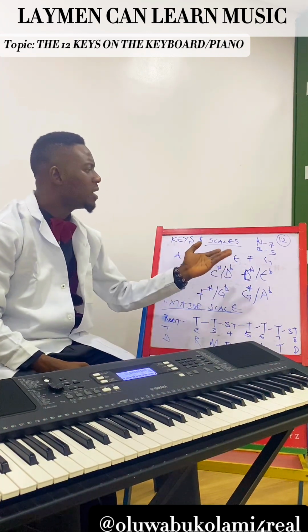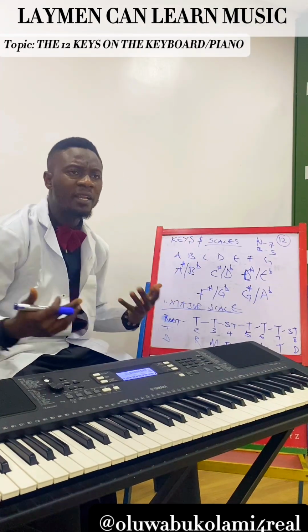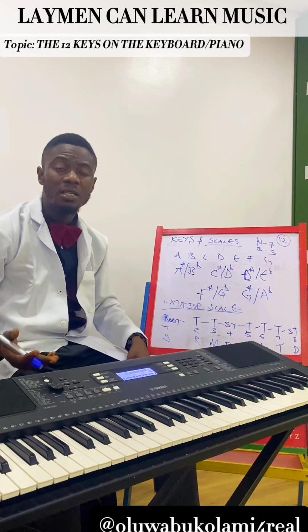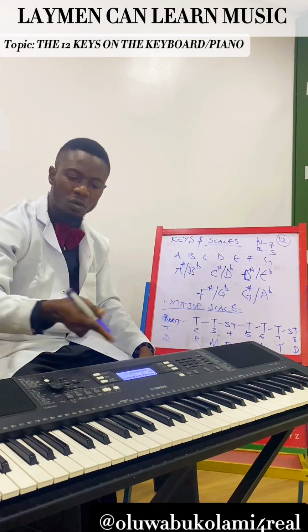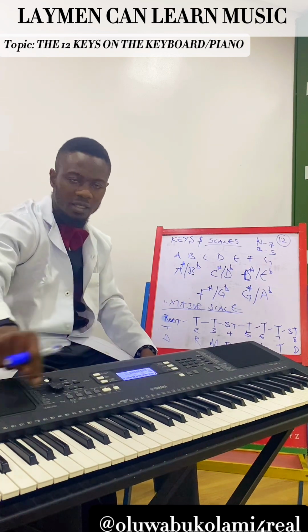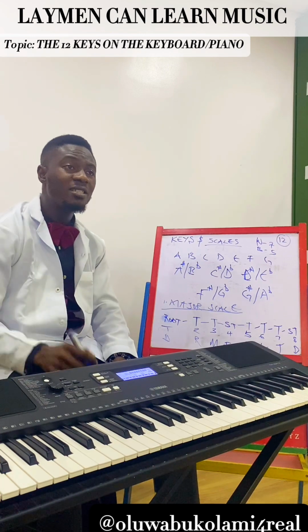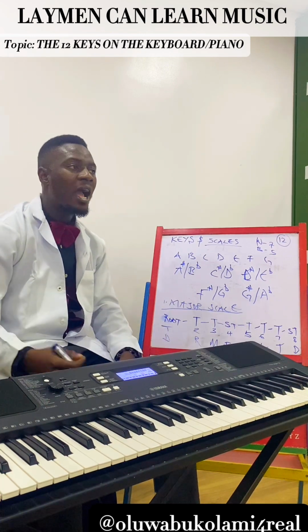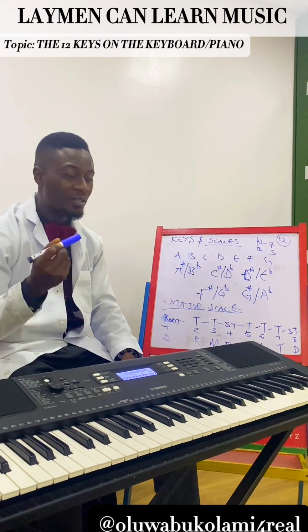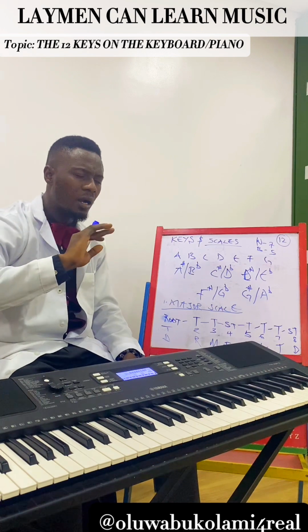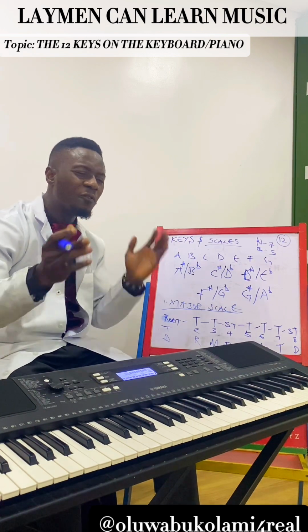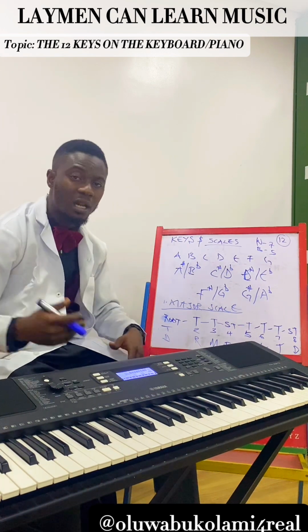So now, how do we identify these keys? What are these keys? What is their names? And how do we recognize them on the keyboard? It's so straightforward. Just watch. Because of that, I have this keyboard facing you. The white keys are called natural keys, and they are named with respect to the first 7 alphabets in English language.